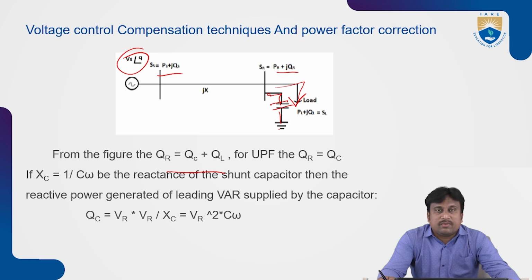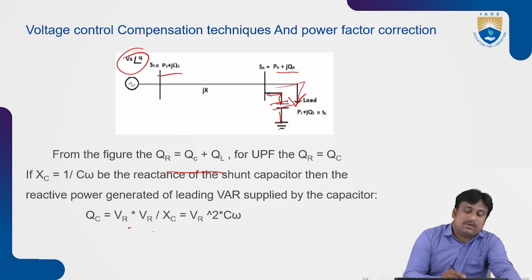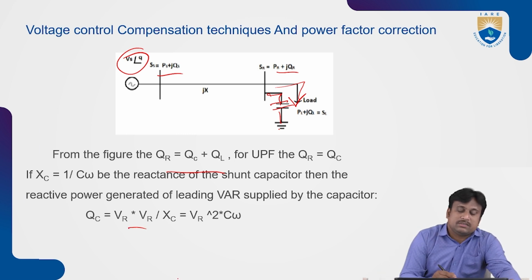The reactive power generated, or leading reactive volt amps, is supplied by the capacitor itself. Then QC becomes VR into VR by XC, so VR squared times C omega, where angular frequency is taken as omega.